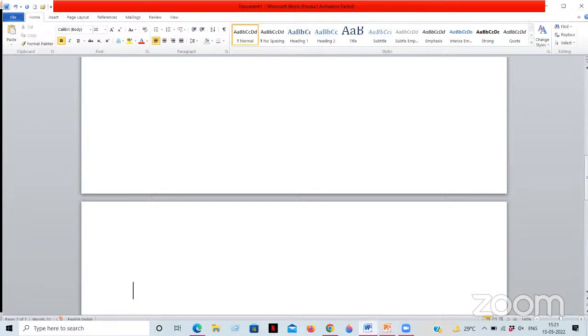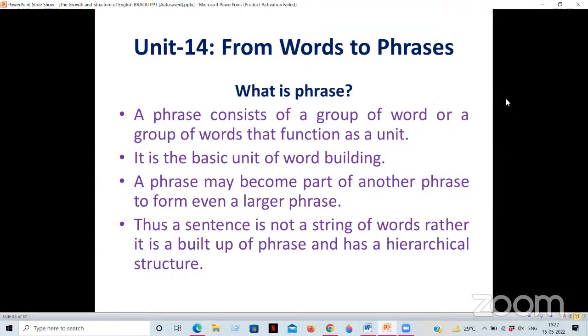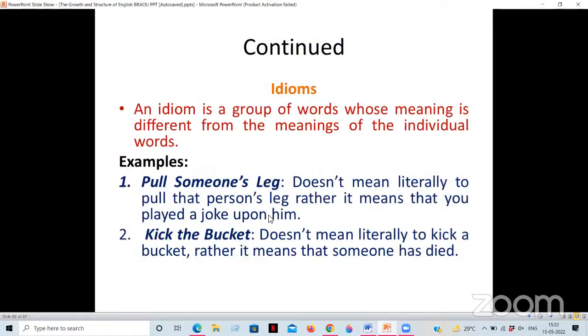Now, let me turn on the page. So before you can see this, let me know, what do you think about phrase? What is a phrase? Yes, anyone of you, can you tell me?